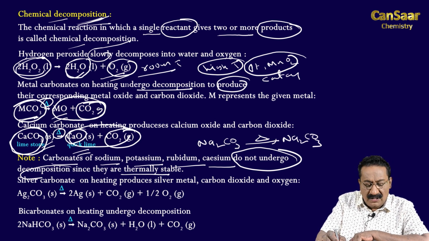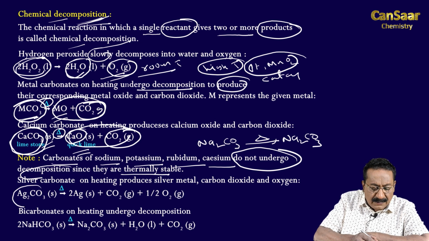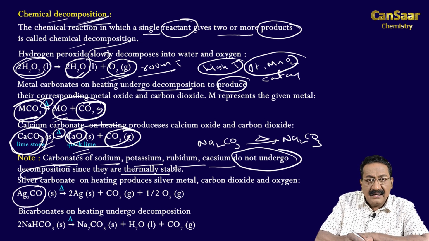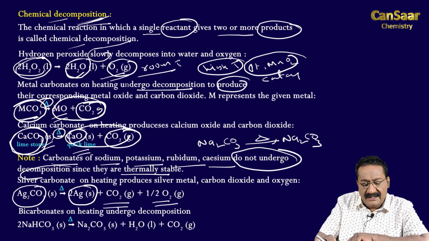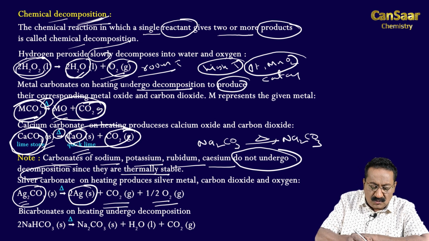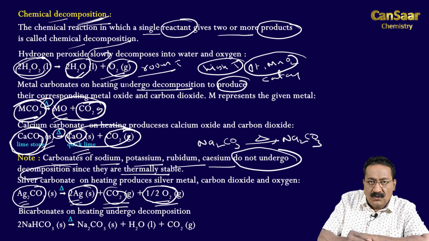Thermally stable. Silver carbonate, on heating, gives a solid residue of silver metal, and carbon dioxide and oxygen gas are liberated. Here Ag2CO3 gives 2Ag, CO2 is out, and the remaining O comes out as O2.